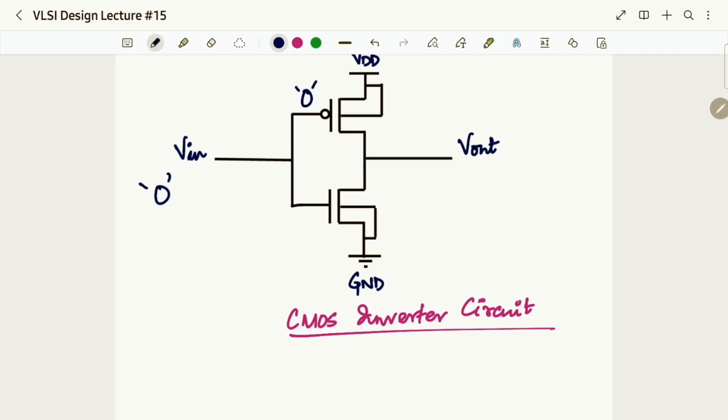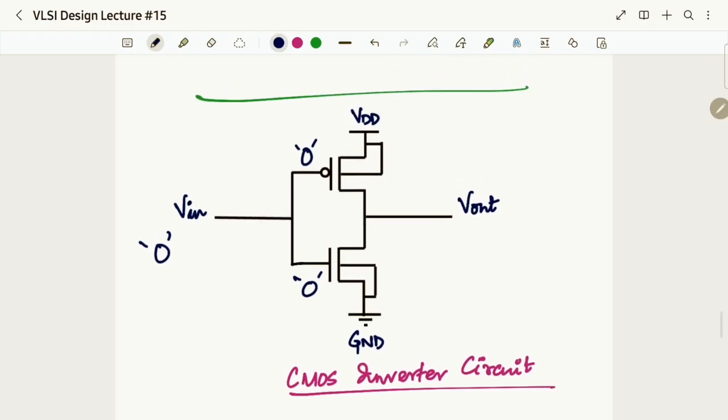So zero logic is provided over here and zero logic is provided over here. Tell me which one will be working? PMOS will be working and NMOS will be off. It is not going to respond to a negative potential.